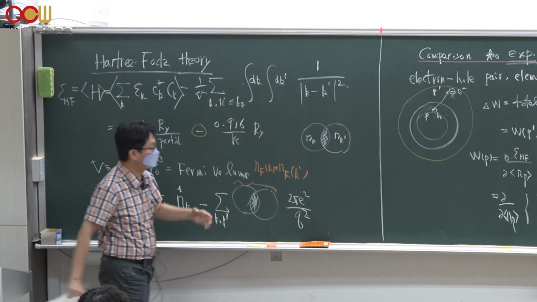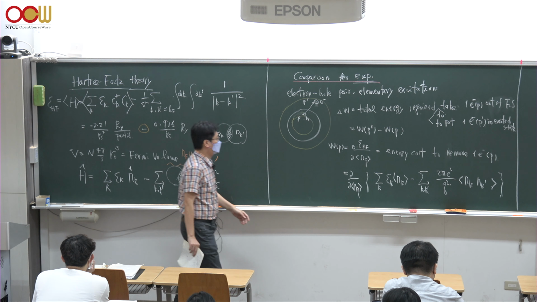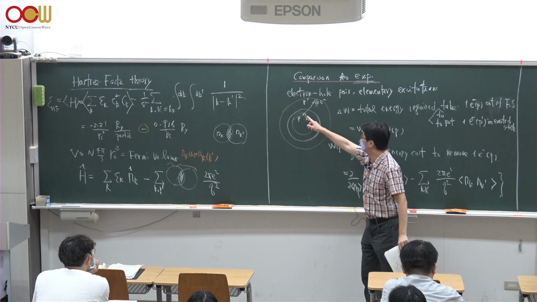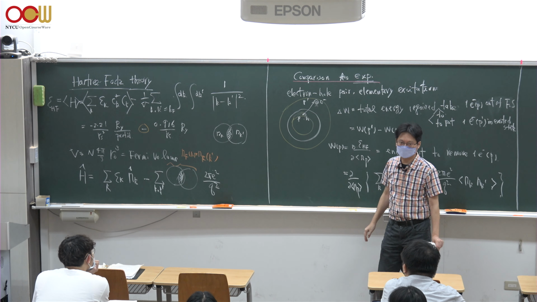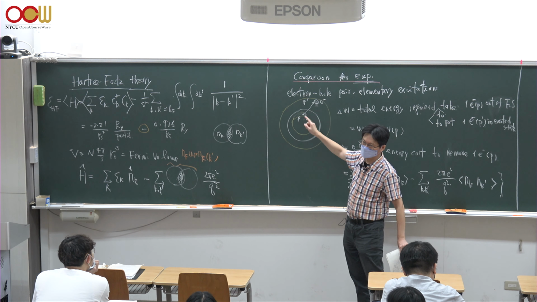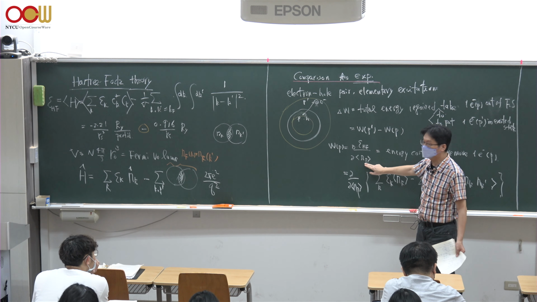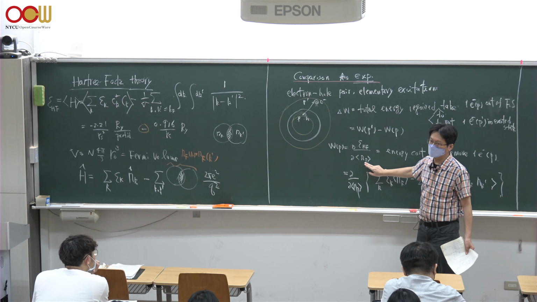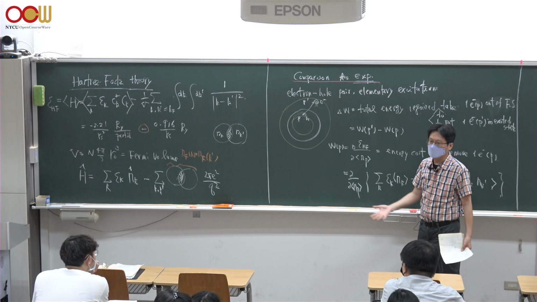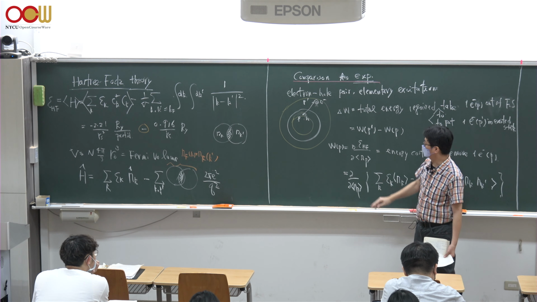But here we don't want that. We want the energy required to actually remove just one electron, not all electrons, but just one electron. Therefore, we need to take the derivative of this total energy with respect to the number of particles, and that quantity is the average energy per particle.